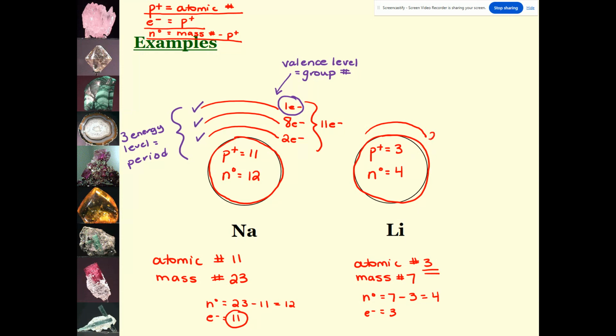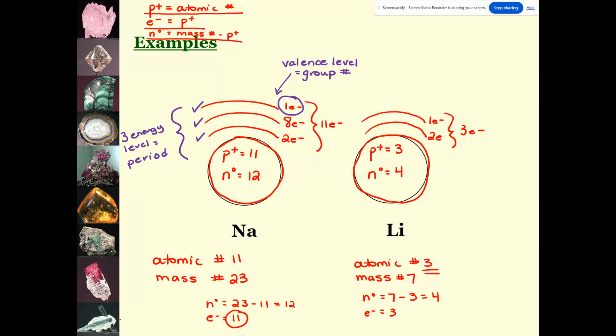It can only hold 2 of my 3 electrons. So I then have to add another energy level, put my last electron in there, and then I'm done. I add this up to show that these are my 3 electrons: 2 in the first energy level, 1 in the second energy level.